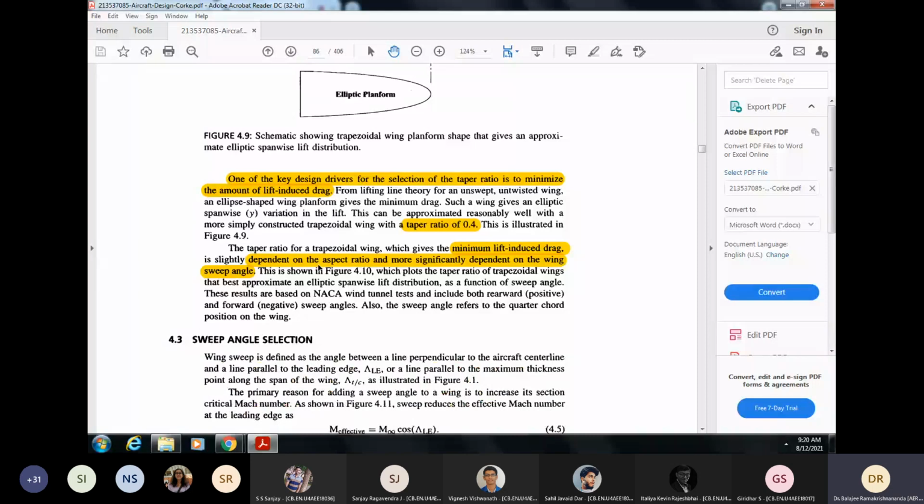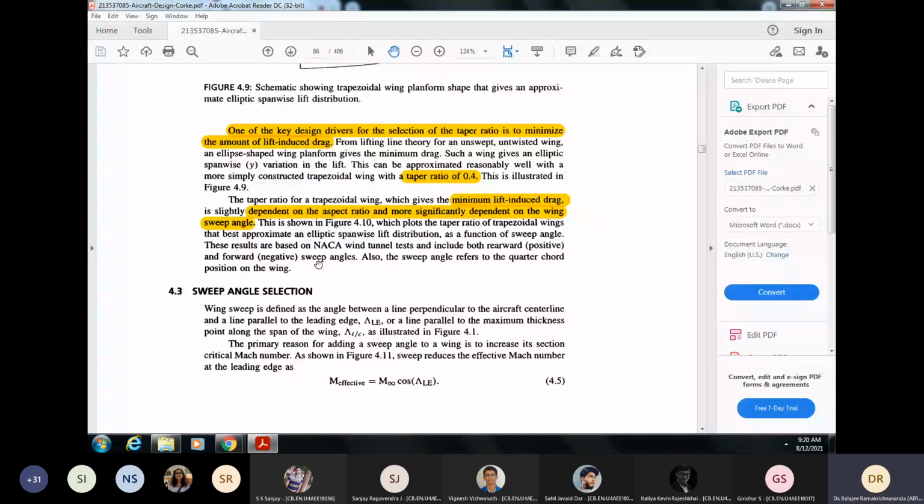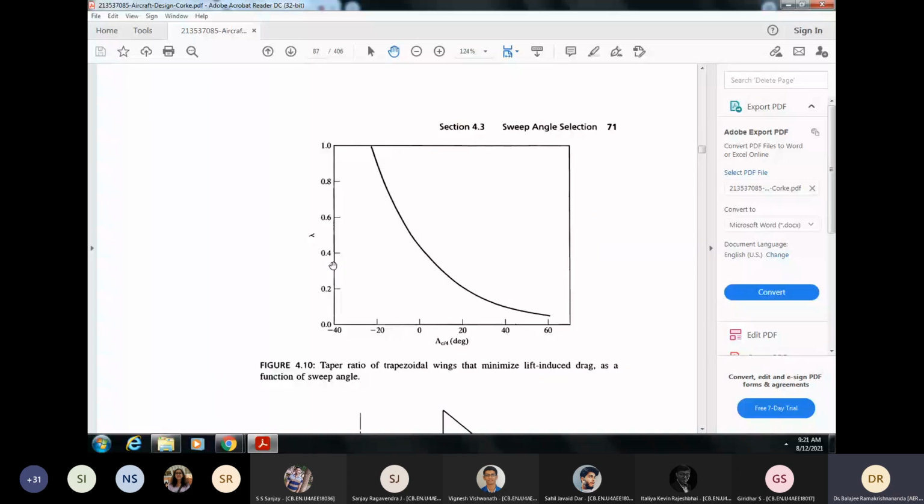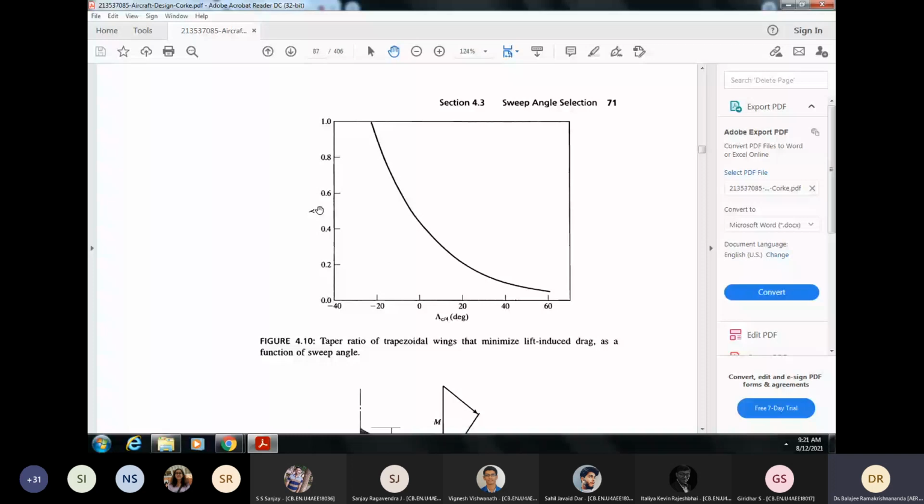There is also a figure given, 4.10. This gives lambda, which is the taper ratio, versus the quarter chord sweep of a wing. You can make use of this, or you can make use of your comparison aircraft to get an idea of the taper ratio.